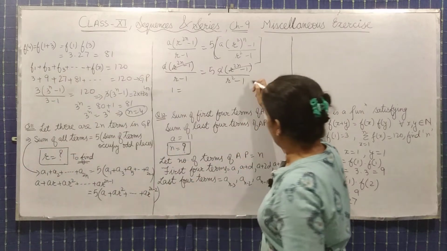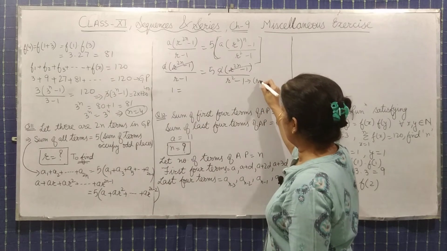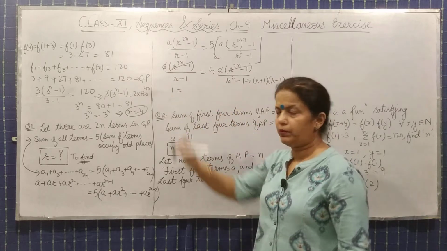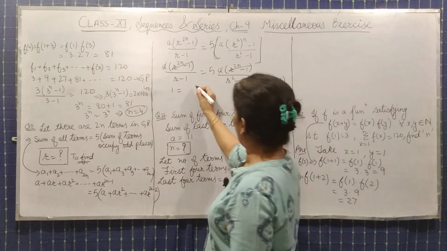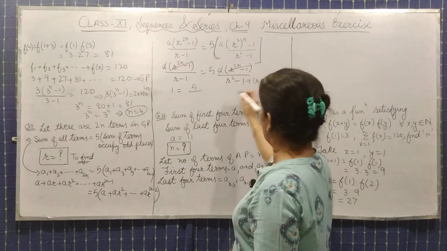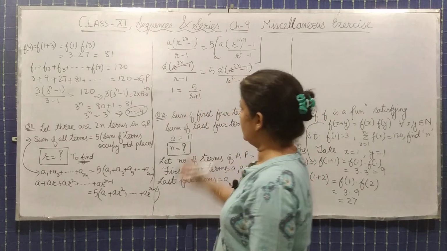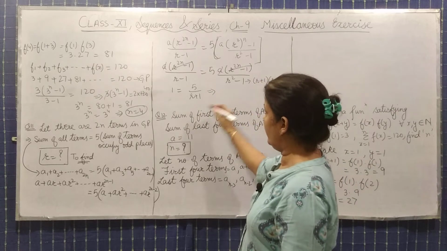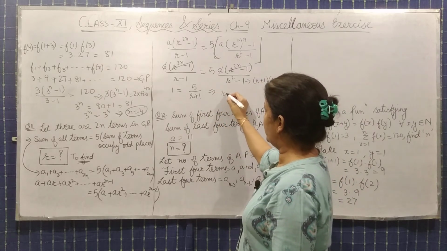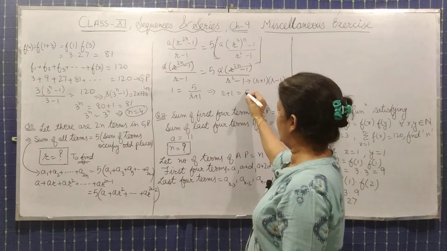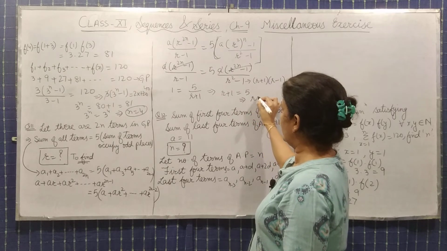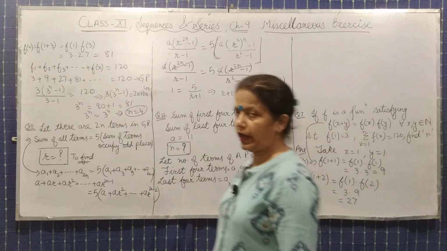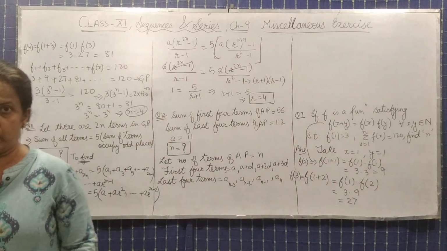Use the formula A plus B, A minus B. So R minus 1 will be cancelled out. So the left over is 5, R plus 1. And now solve it by taking the cross multiplication. R plus 1 equals 5. So R equals 4. So you are getting R as 4 over here.